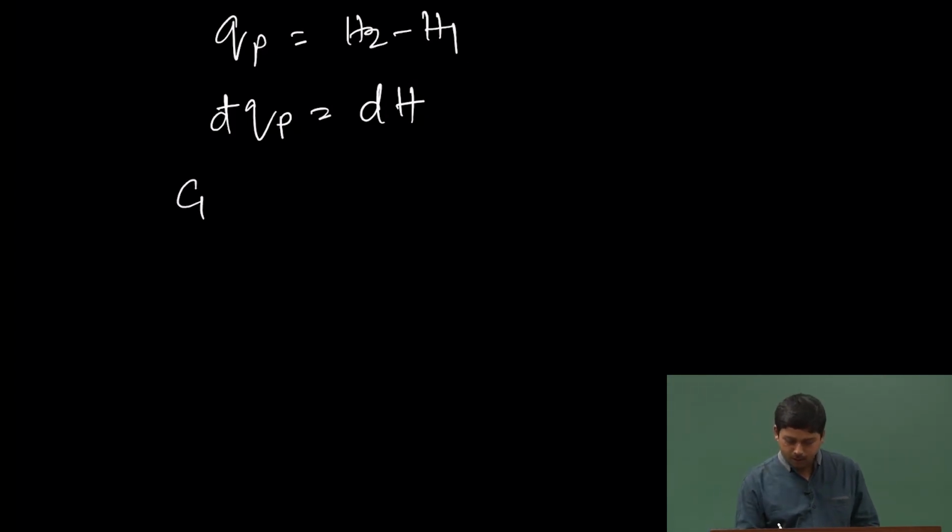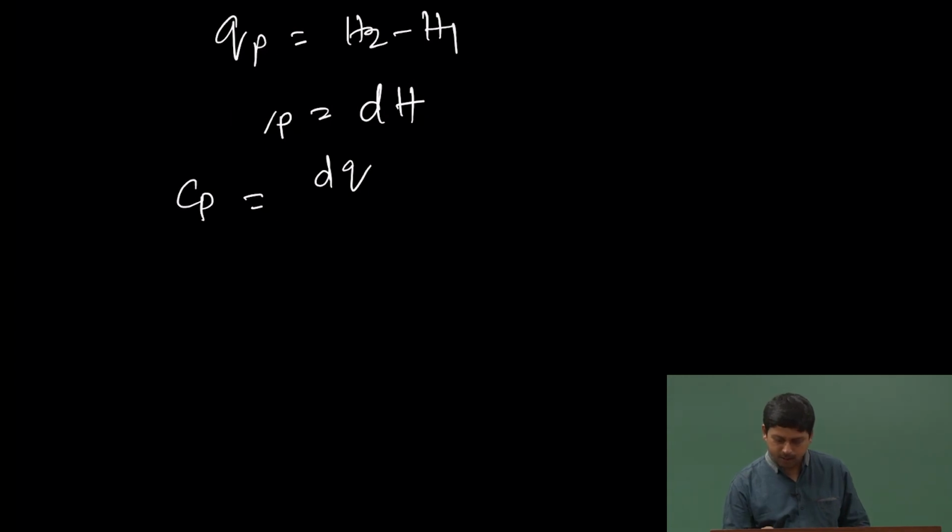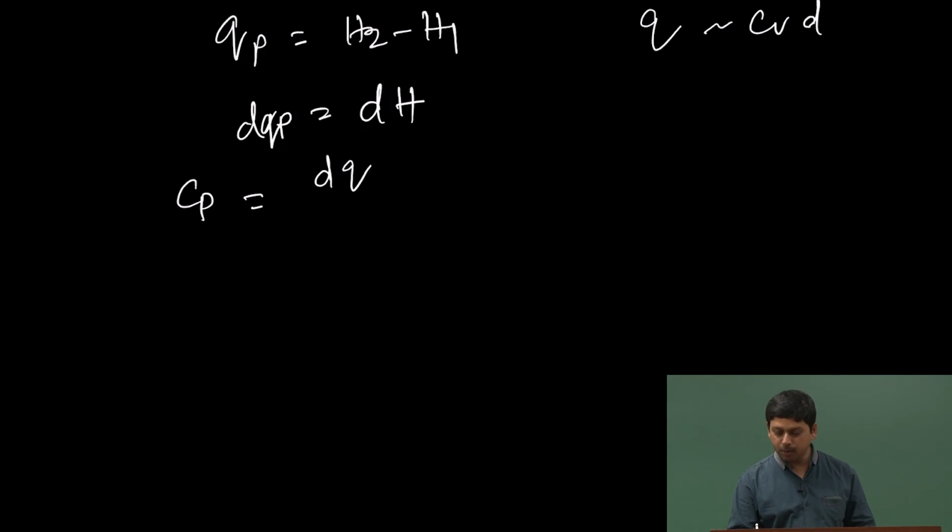Now, specific heat at a constant pressure will be the same thing, dQ. By the way, I shouldn't cut the d. By notation the d is cut to denote that it is a path function, but once I have specified whether the process is done at a constant pressure or constant volume, it is no longer a path function. Q is a path function because Q can be changed by either a constant pressure process or a constant volume process.